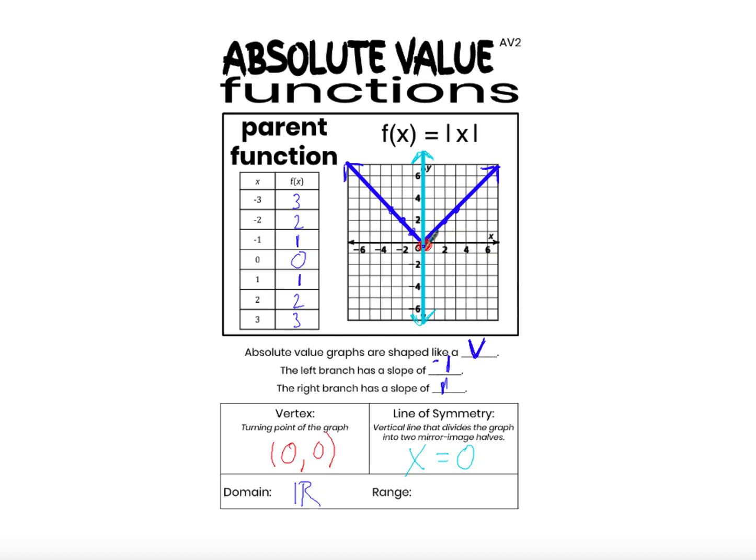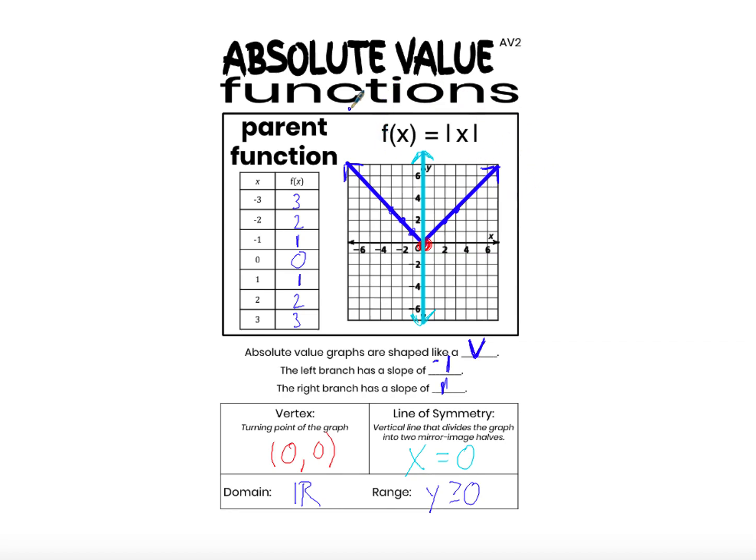So there is 1 point on the line with an output of 0, 2 points on the line with an output of 1, a y value of 2, 2 points with a y value of 3, 2 points with a y value of 4.5. So every y value greater than or equal to 0 has at least 1 point on the graph, meaning the range is y is greater than or equal to 0. This is not the range of every absolute value function. This is the range of the absolute value parent function.